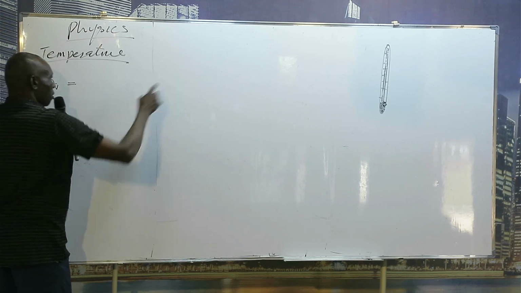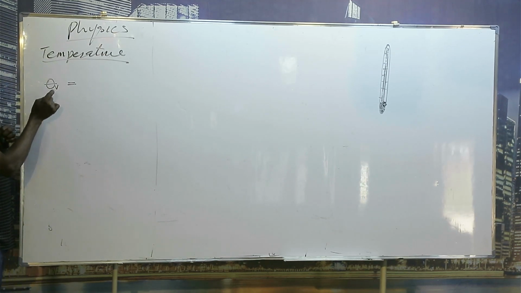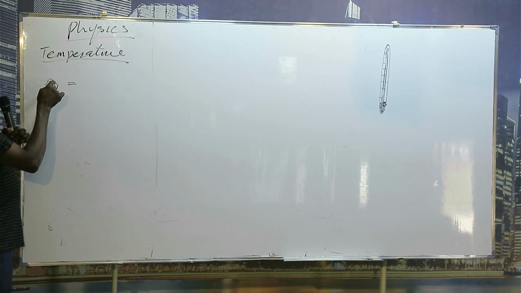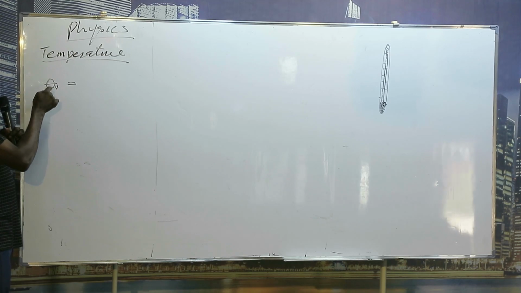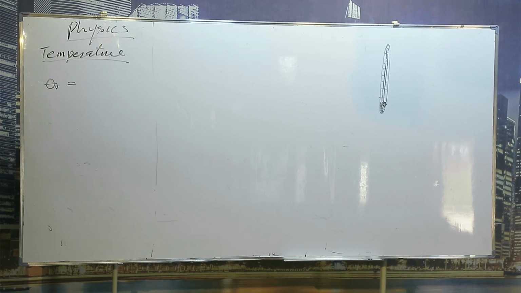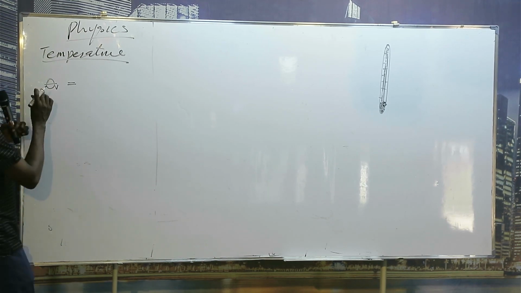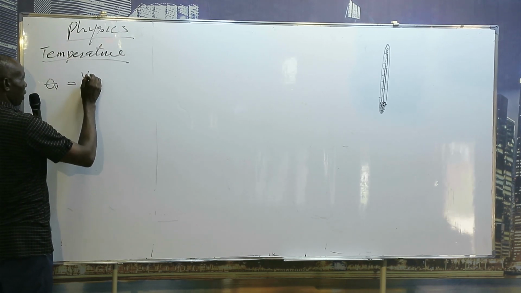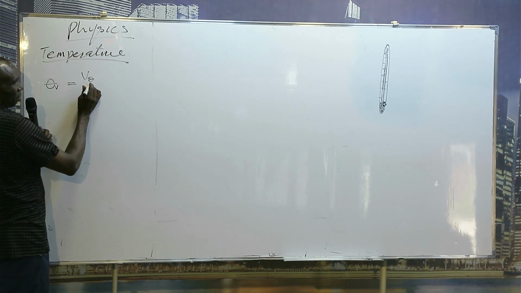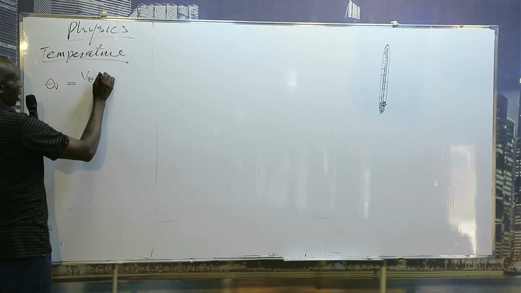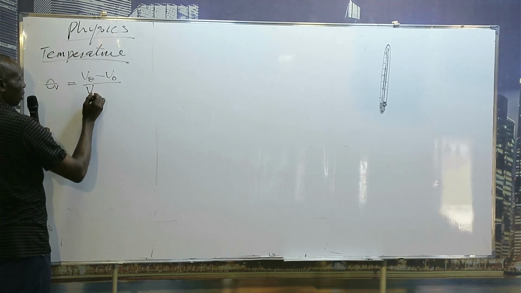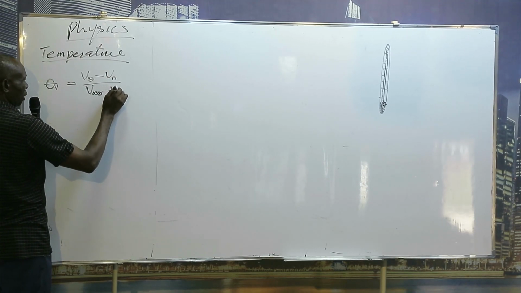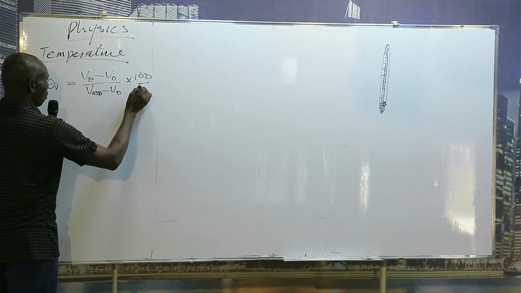So for this thermometer, if I want to get the equation, JAMB sometimes will give you an equation and ask which type of thermometer it is used to derive. Anytime you talk about volume, the temperature due to variation in volume is V at this temperature minus V at 0, over V at 100 minus V at 0, multiplied by 100 over 1.